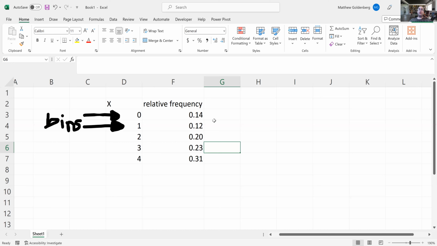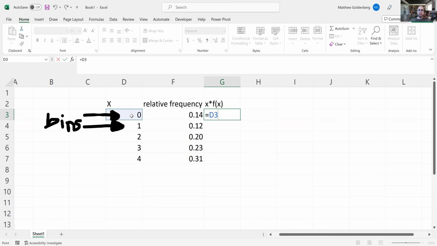And so now we're going to calculate what is called an expected value. And I'm going to prove to you that expected value is essentially your average. It's the same calculation as calculating a normal average. So to do it with frequency, you do x, your outcome, times your relative frequency, which I'm going to call just f of x.